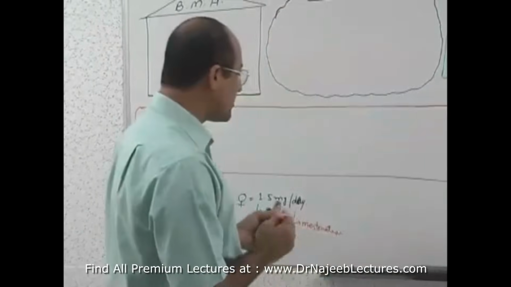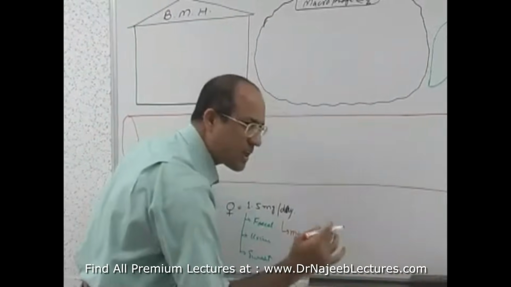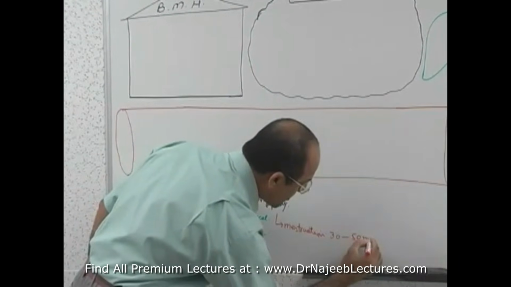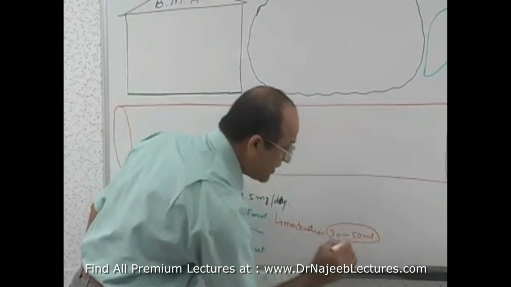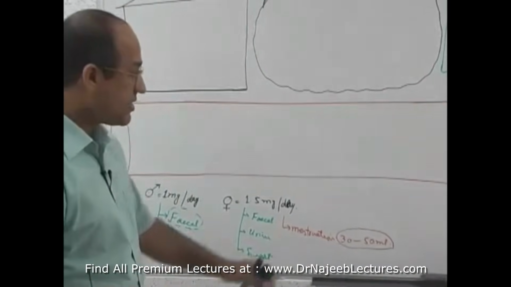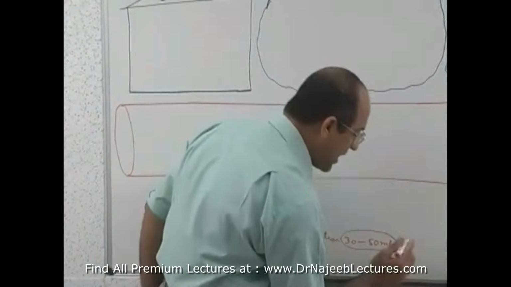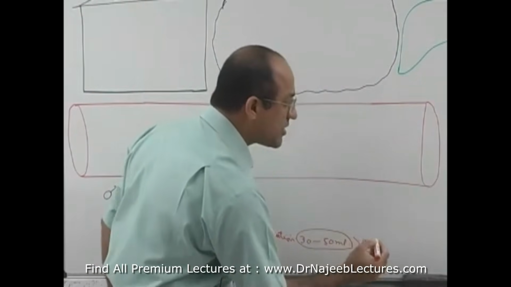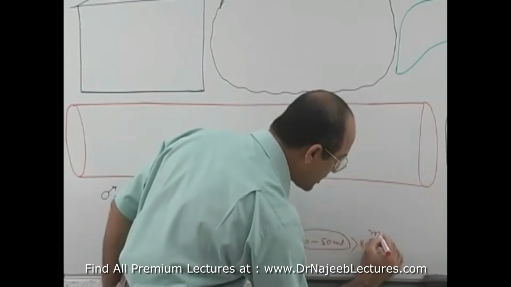The normal loss is usually between 30 to 50 ml per menstrual cycle, right? If it is more than 80 ml per cycle, we say there is menorrhagia. Have you heard of menorrhagia?